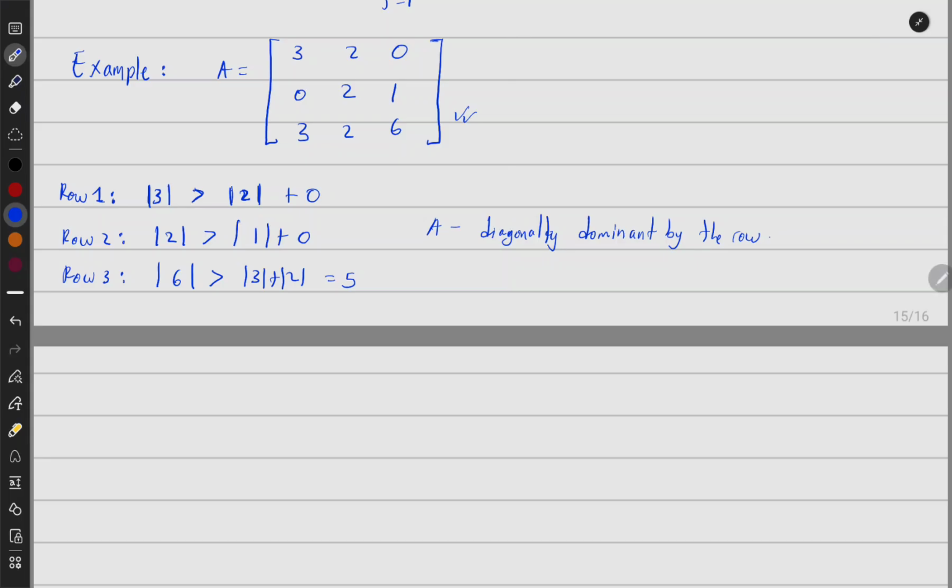And therefore we have a theorem which says that if matrix A of a system is diagonally dominant by the rows, then the Jacobi and the Gauss Seidel converge.